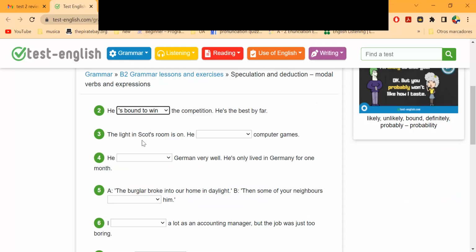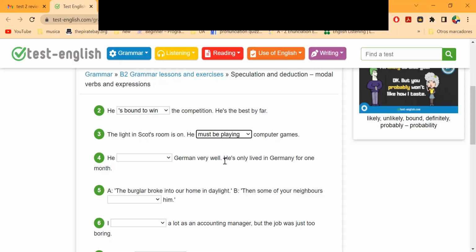The light in Scott's room is on. Eso está pasando ahora. Must be playing. He must be playing computer games. Very good. Es súper importante que ustedes se den cuenta siempre sacar el tense para no equivocarse.